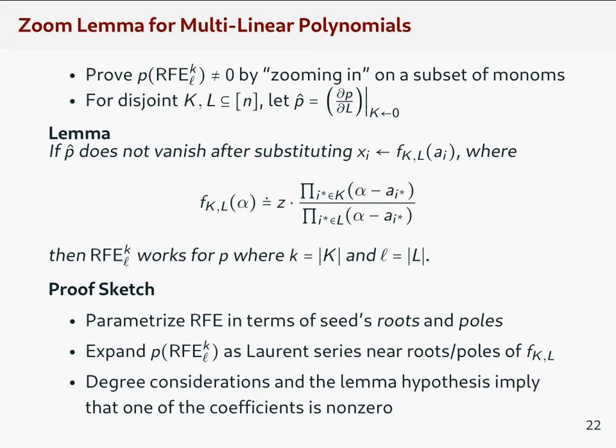And the point is that through some degree considerations and thinking in terms of the multiplicity of the roots and poles, and what this means in terms of the Laurent series, we can focus on a particular coefficient of the Laurent series, and it turns out that that coefficient is non-zero as long as this evaluation of p hat is non-zero. The coefficient is proportional to p hat's evaluation at this point.